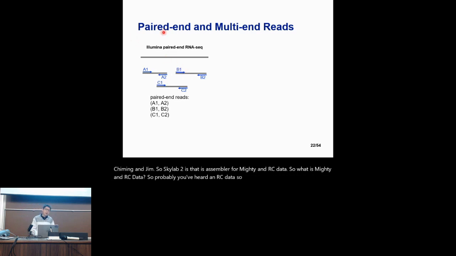For example, in a typical Illumina sequencing process, molecules like mRNAs will be fragmented. The two ends of a fragment will be sequenced, leading to paired-end reads. Like A1 and A2 are the two ends of a paired-end read. Of course, the two ends A1 and A2 come from the same molecule, right? Because they come from the same fragment.